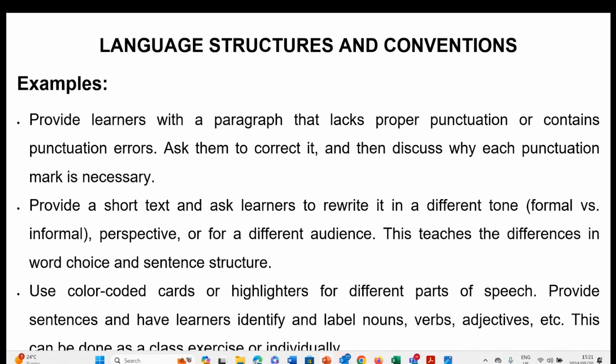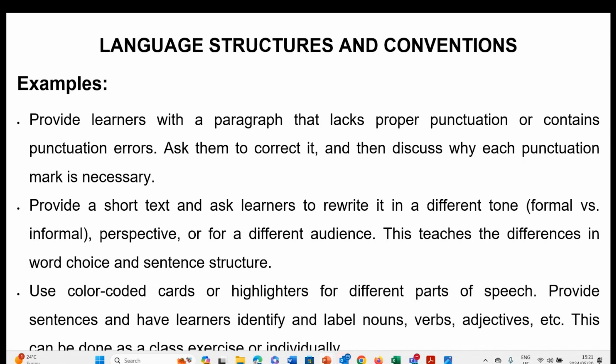Provide a short text and ask learners to rewrite it in a different tone. For example, the text is in formal writing, and you ask them to rewrite it so that it now becomes an informal piece of text. This teaches the difference in word choice and sentence structure.